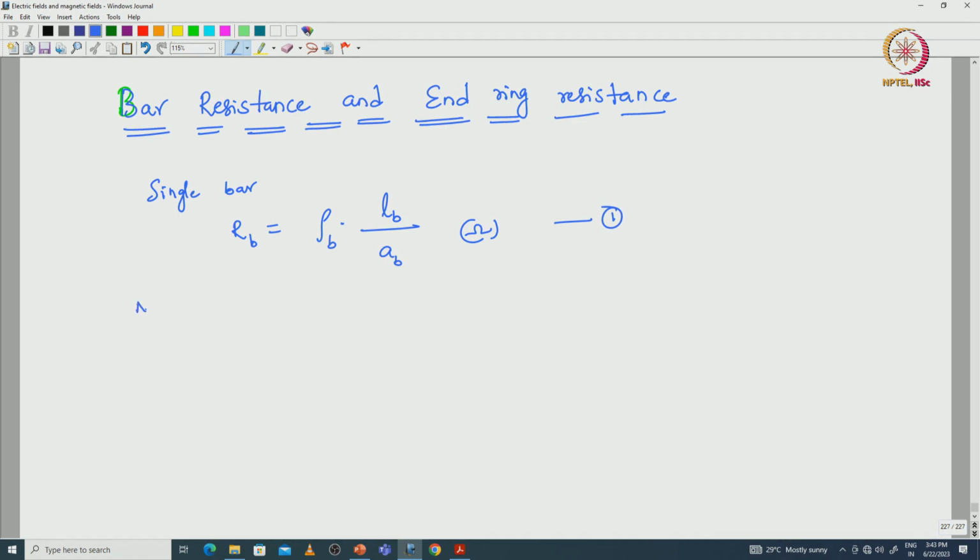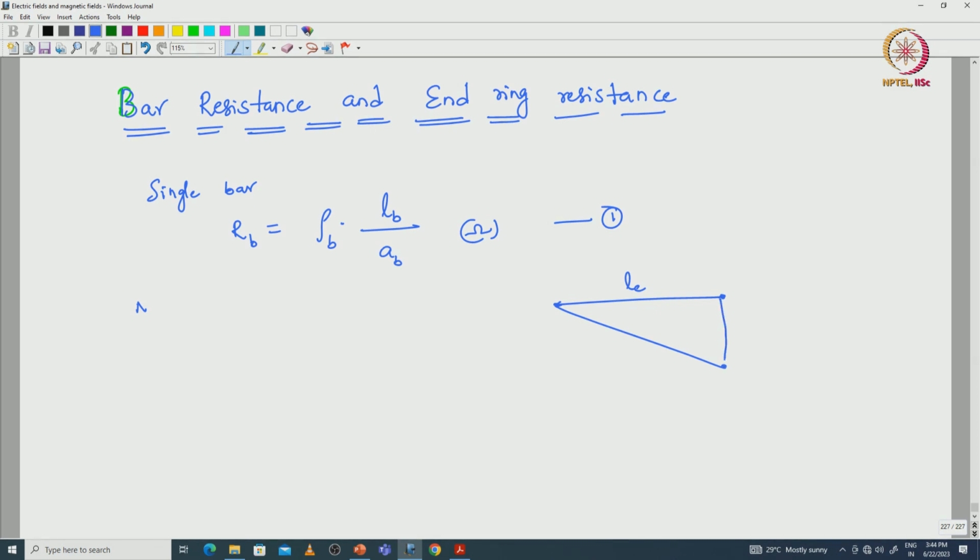Now, in the last lecture we have discussed the skewing of the rotor bar, right. This is the actual bar length, that is LE, without any skewing. If we skew the rotor bar, then the length of the bar will definitely increase.